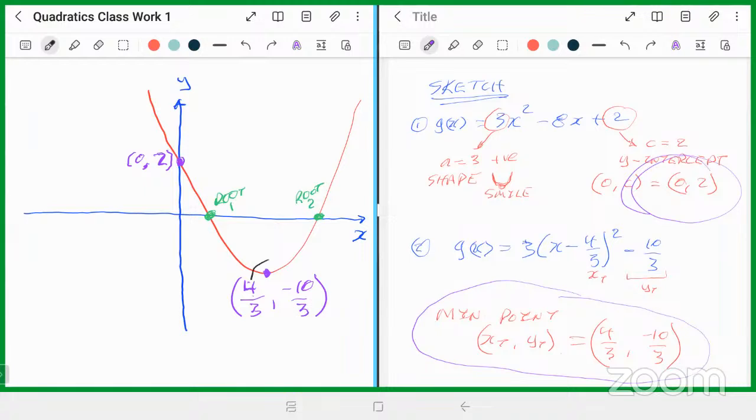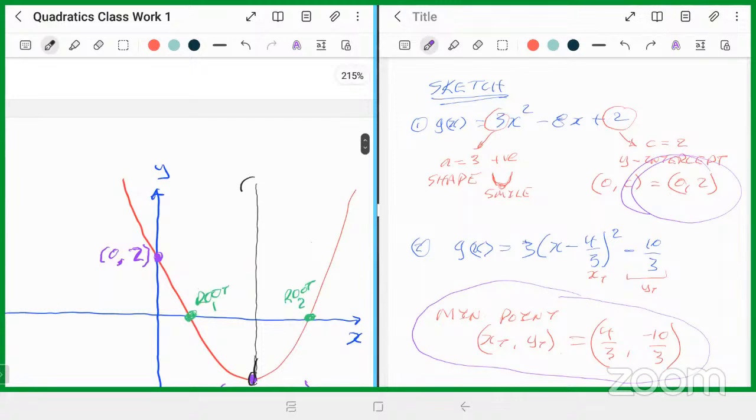So this is a turning point, and the axis of symmetry is a vertical line passing through that point. All right, and so it goes like this. That's the axis of symmetry. It must pass through here. And so I can label this vertical line as the axis of symmetry.